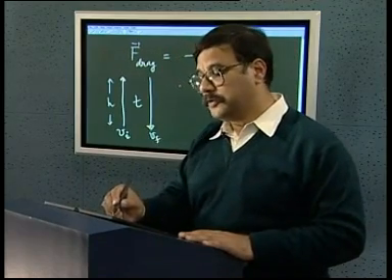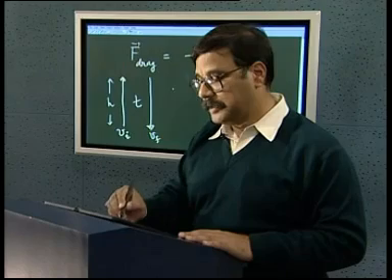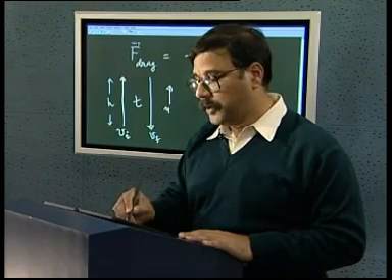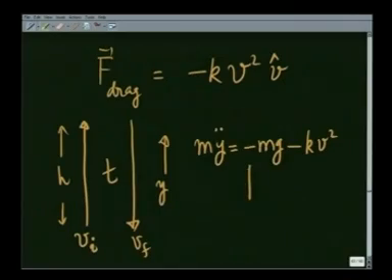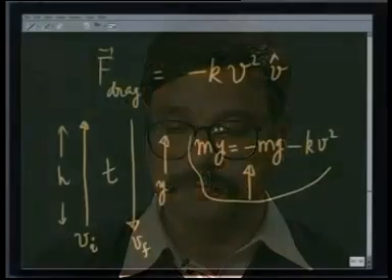If I write the equation of motion, since this is a one dimensional case, let me take y to be going up. I can write m y double dot is equal to minus mg minus k v square. This is when the particle is going up. Notice in this case I have to be careful when considering the motion of particle coming down.